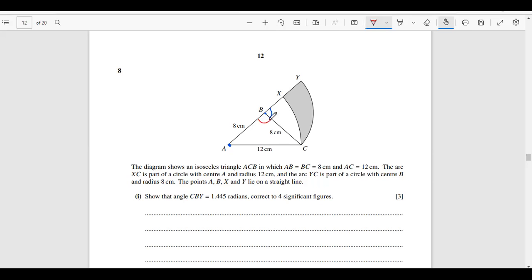We can find this angle because ABC is a triangle and three sides are given. So using the cos rule, which I'm pretty sure you guys have studied in O levels, using that, we can find the angle B. And once we have the angle B, we can easily find the angle CBY. Okay. So I would want you guys to try it out, and then I'll do it in 2 minutes if you're not able to do it.